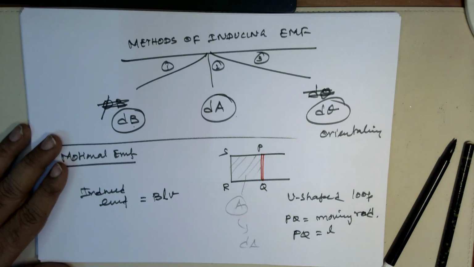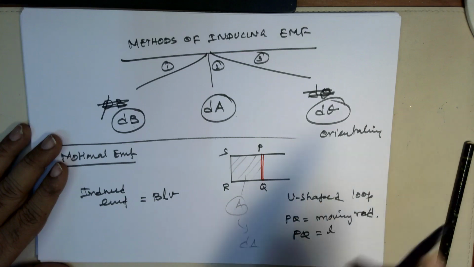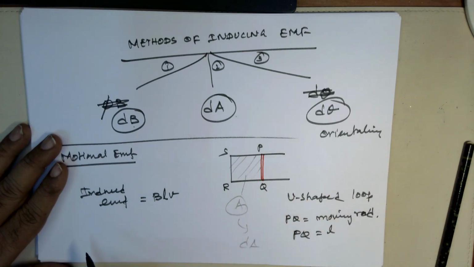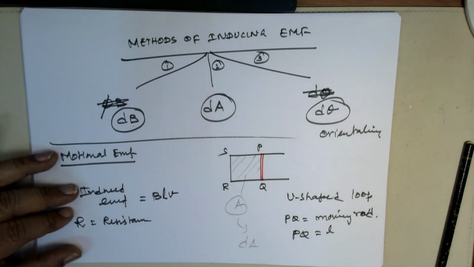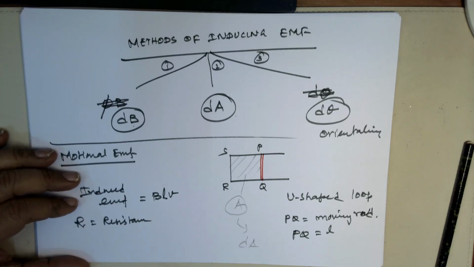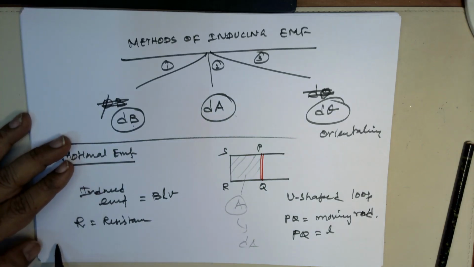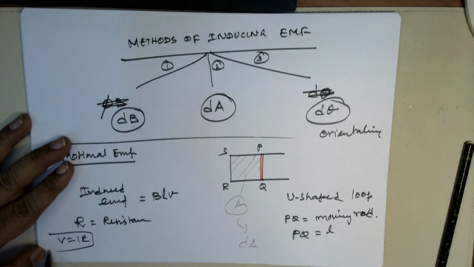Next, R is the resistance of the loop. We know Ohm's law: V is equal to IR. So in that case, I is equal to what?